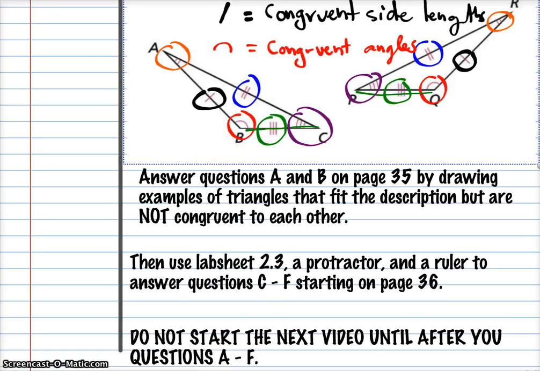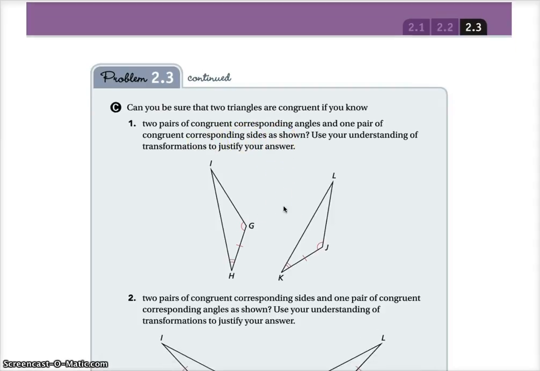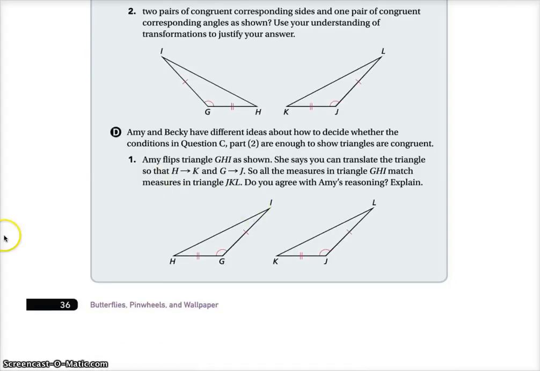So let's double check that question. Question C says two pairs of congruent corresponding angles and one pair of congruent corresponding sides as shown. Use your understanding of transformations to justify. So can you transform this one onto that one and prove that they're the same? Okay, and it does much the same thing for the following shapes.